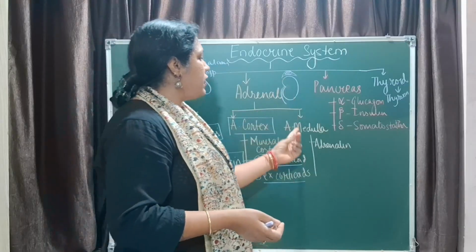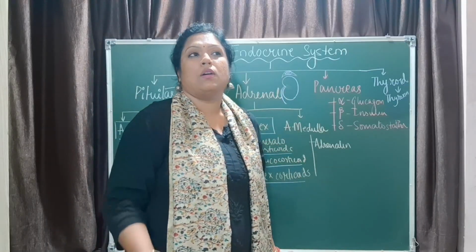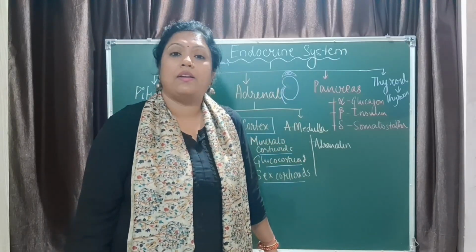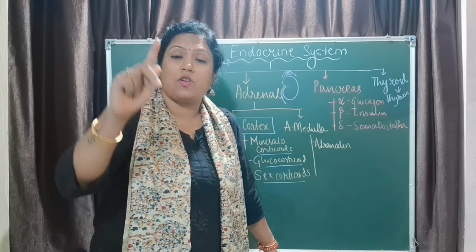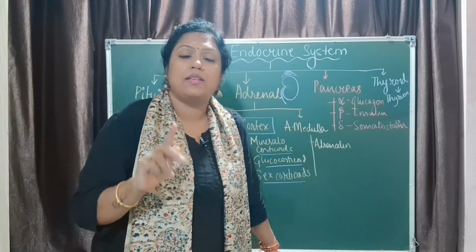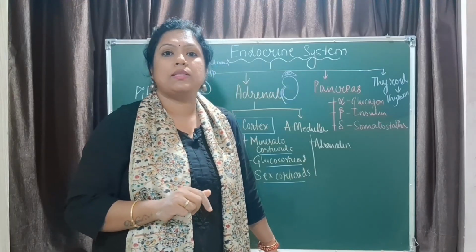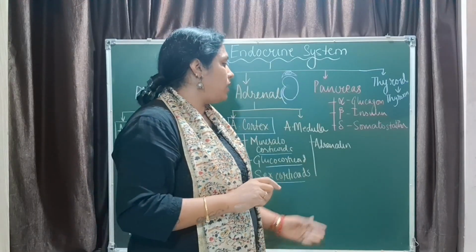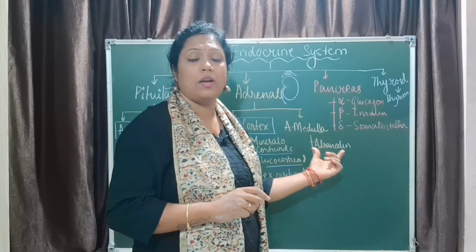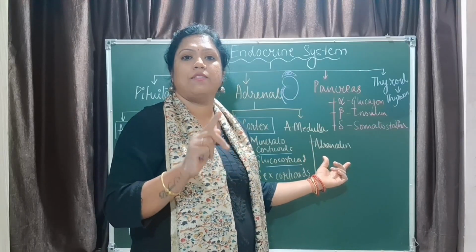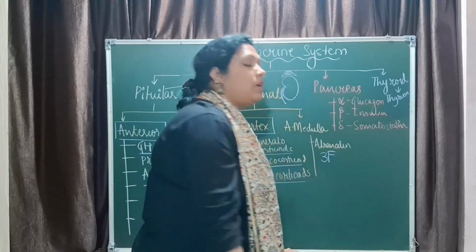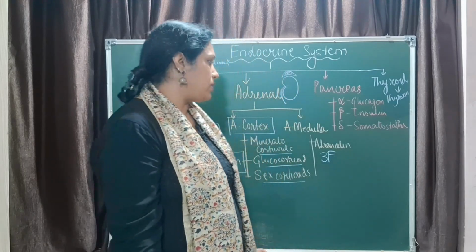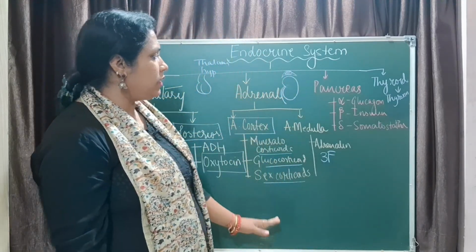Then the next, medulla, the middle part, releases a hormone which is called adrenaline. Adrenaline is also called a stress hormone. Abscisic acid is a stress hormone in plants. Adrenaline is a stress hormone in human beings and animals. Okay, so adrenaline is released by medulla. It is also called the fight, flight, and fright 3F hormone. Okay, responsible for managing your stress. So this is all about your adrenal gland.